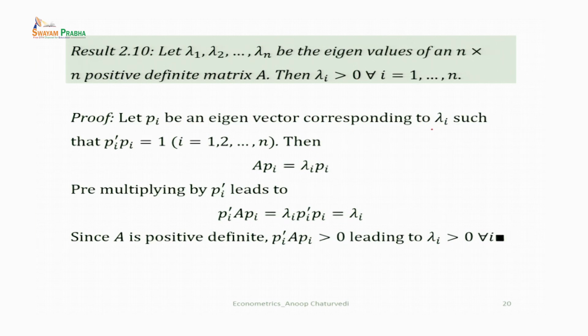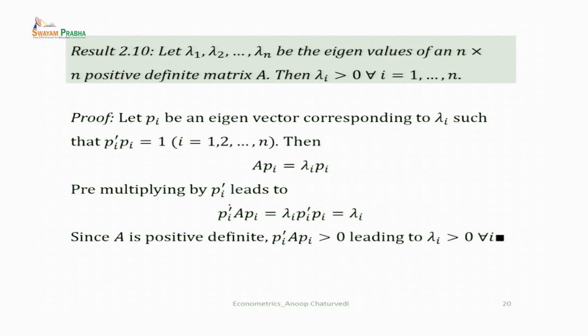To prove this result, suppose P i is the eigenvector corresponding to lambda i, such that P i transpose P i is equal to 1 for all i. Then A P i is equal to lambda i P i. Then we pre-multiply both sides by P i transpose. So, P i transpose A P i is equal to lambda i P i transpose P i, and P i transpose P i is equal to 1. So, finally, you obtain lambda i.